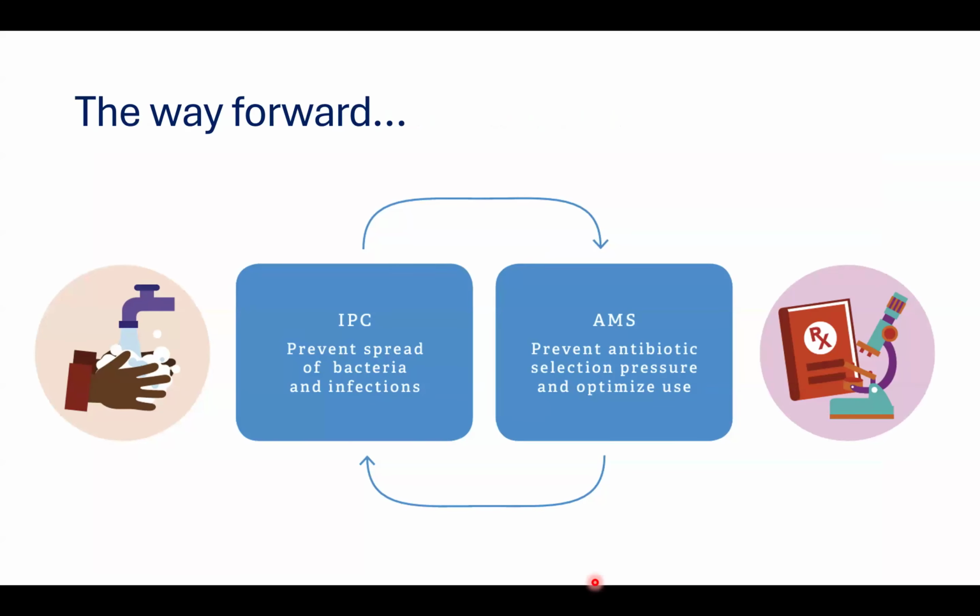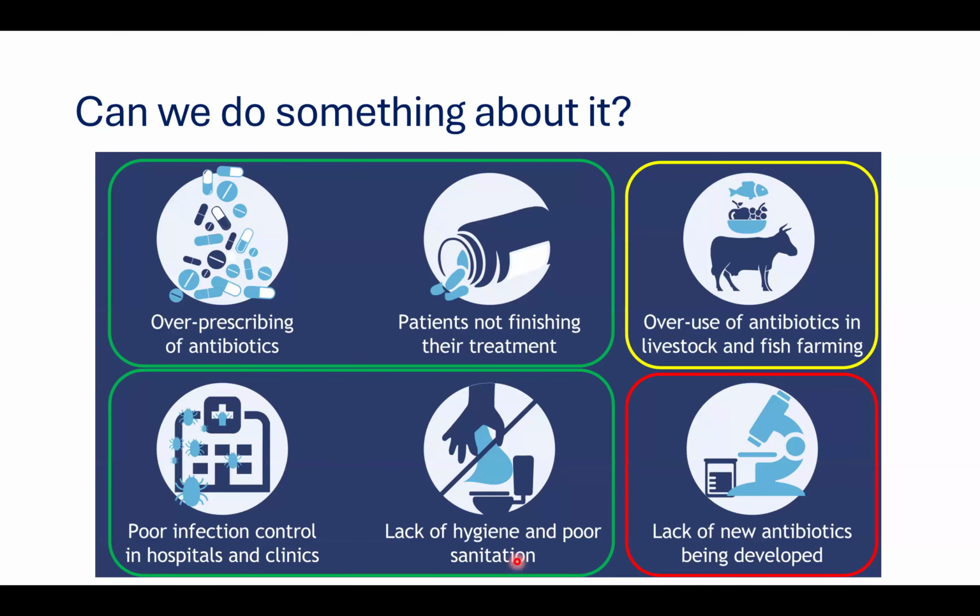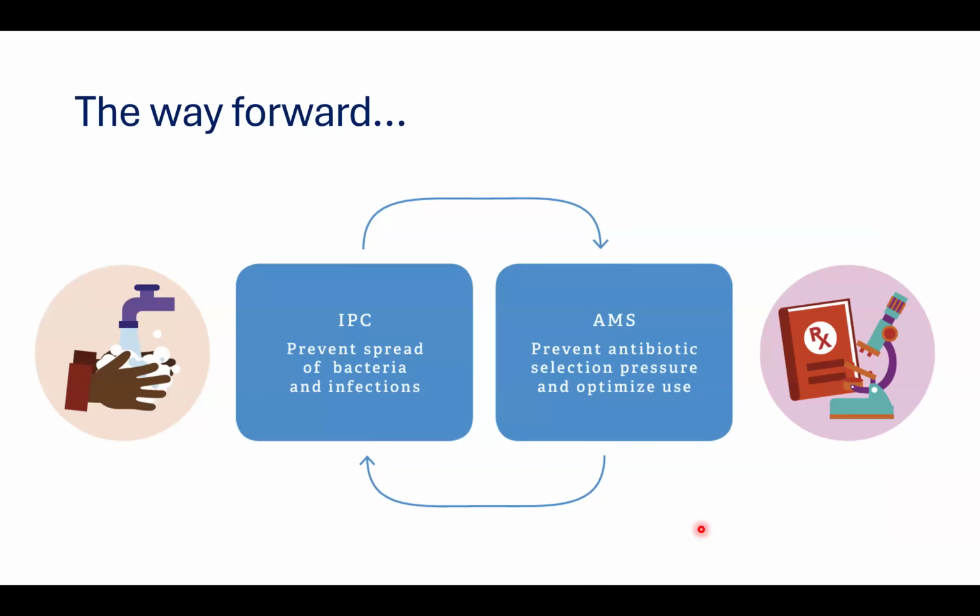And these two things are what we call IPC, infection prevention and control, which is the latter, and antimicrobial stewardship, which means preventing antibiotic selection pressure and optimizing the use. So our session today will focus on the antimicrobial stewardship part, and I'm sure that IPC has been covered previously also, and it would be covered in other sessions. So for example, the housekeeping session that you had was part of infection prevention and control.